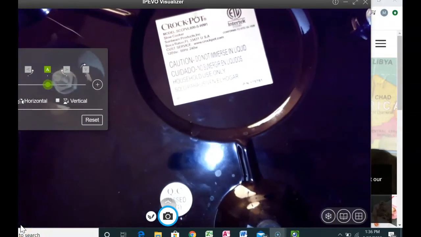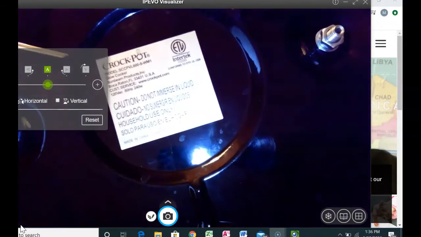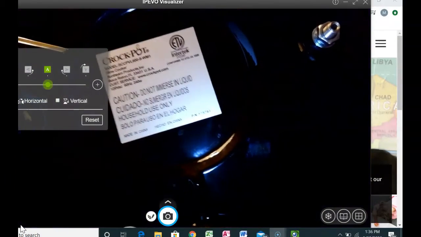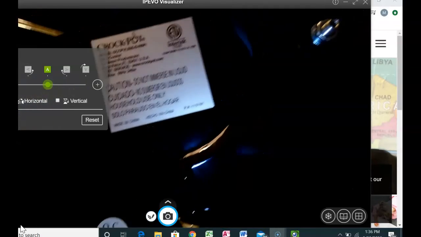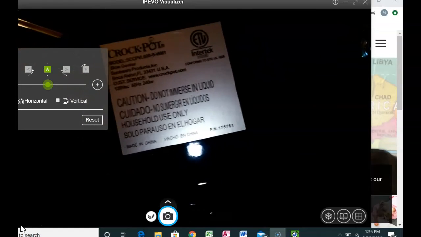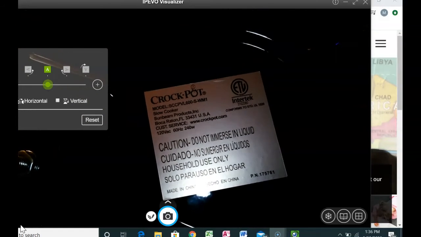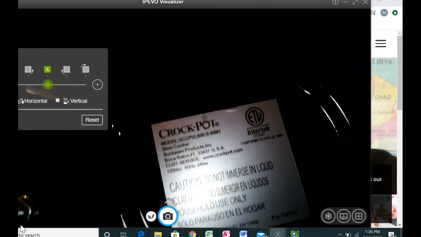Let me just turn the brightness down a little bit so that you can see it a little bit better. Okay, so sorry again, I know it's a little shaky, I apologize. But if we look here, I am interested in that 120 volt number. Trying to find something to point with.